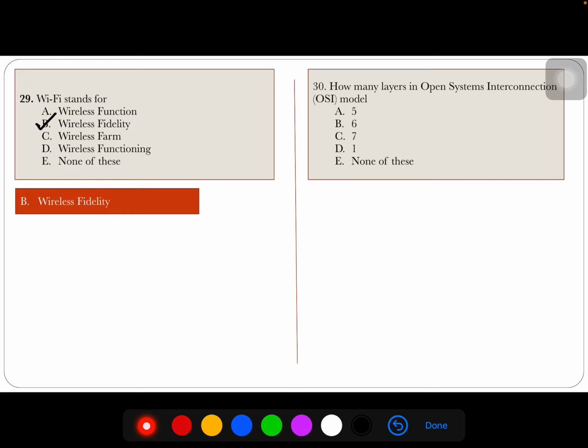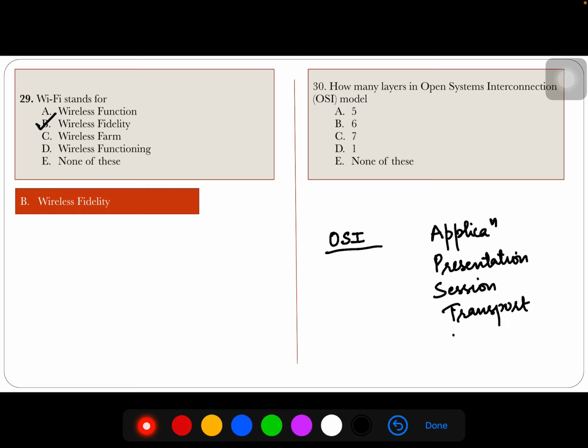Next question. How many layers are in the open systems interconnection model? See, there is an OSI model from where we study the communication which is set up between various devices. So the OSI model will show you 7 layers. The first layer is application, then presentation, then session, then transport, then network, then comes your data link layer, and then the last one is the physical layer.